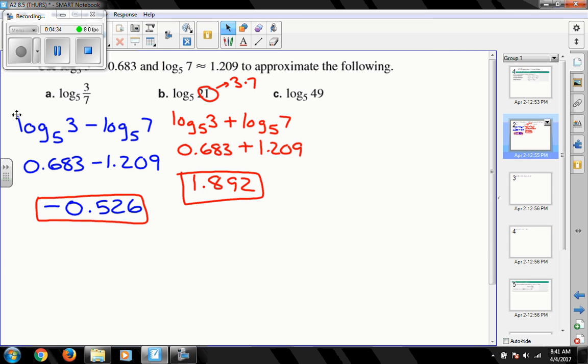Again, if we look at C, we're looking for log base 5 of 49. How can we make this fit either log base 5 of 7 or log base 5 of 3? Well, if we take a look, we can rewrite log base 5 of 49 as log base 5 of 7 squared. 49 is 7 squared, a property that you should know by now throughout your math career. Now, our property tells us that when we have this power, we can bring it out front.